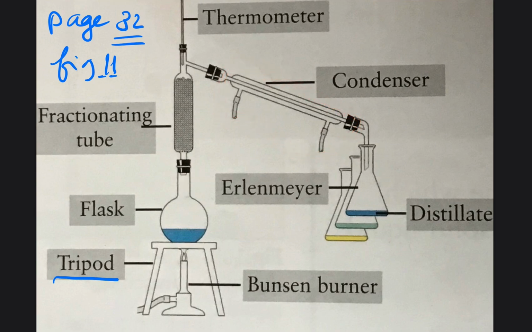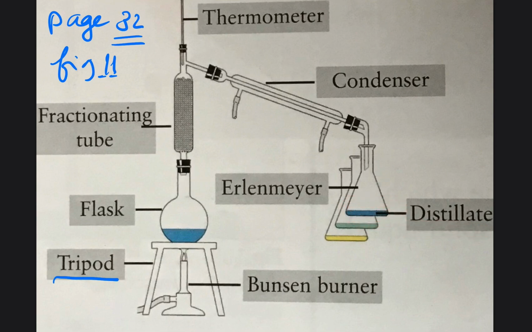The condenser is where the heat exchange takes place. That is, the gas will cool down, and it will turn into liquid. Okay, and this liquid is gonna fall into the flask, or the Erlenmeyer flask. That's its full name. And this liquid, we call it the distillate.